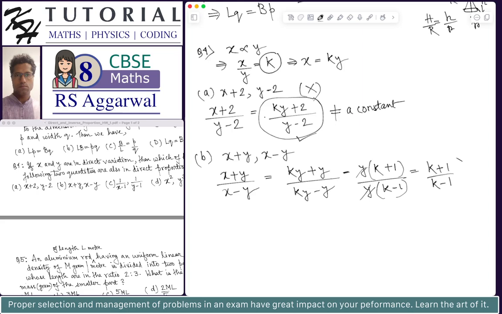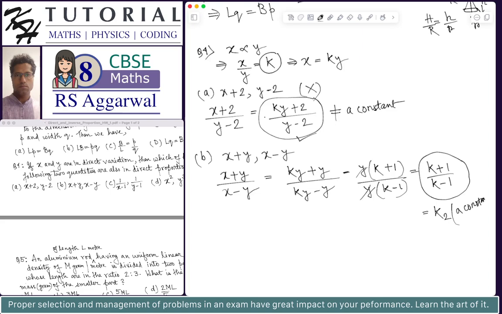Now this expression does not involve x and y. It only involves the constant k and some other numbers. So this is also a constant. You can consider this value to be k2, but this is also a constant.